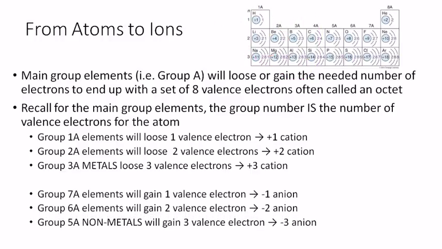Let's look now at the nonmetals. And if it's okay with you, I want to start with 7A. These are our halogens. 7A means they have 7 valence electrons. Oh my goodness, they would have to kick off 7 electrons? I don't think so.